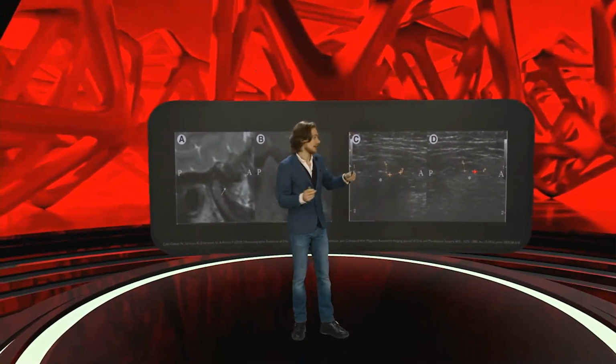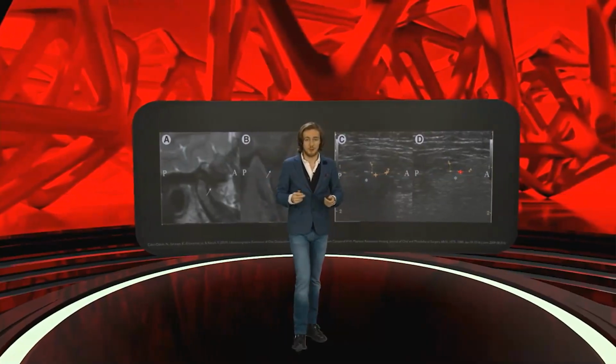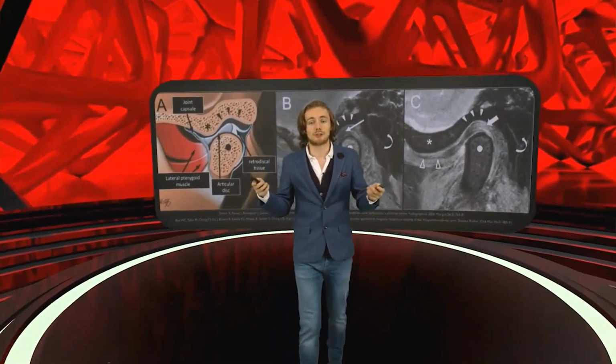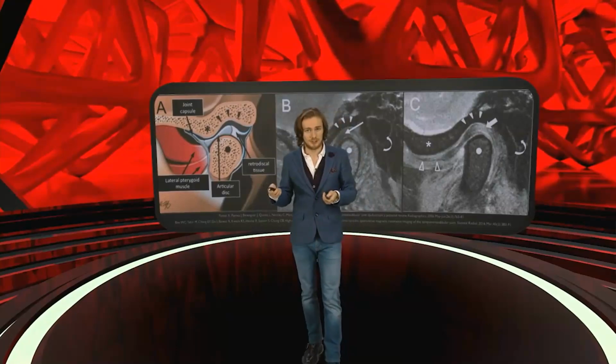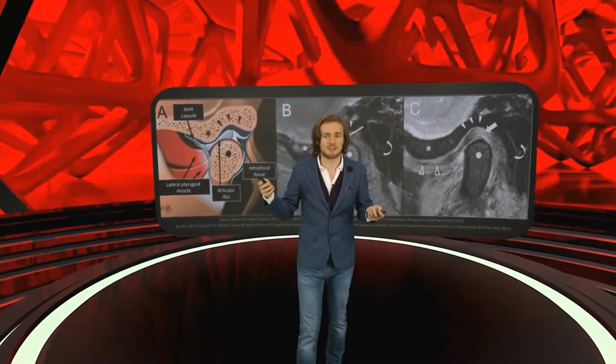But what is also important is to know the difference between the MRI and the ultrasound. What is better? What is more useful? What is easier to do? But to use your MRI easily, you have to know the anatomy. You have to know function to start learning about a dysfunction. So we'll talk about the ideal position of the disc, ideal movement of the condyle.